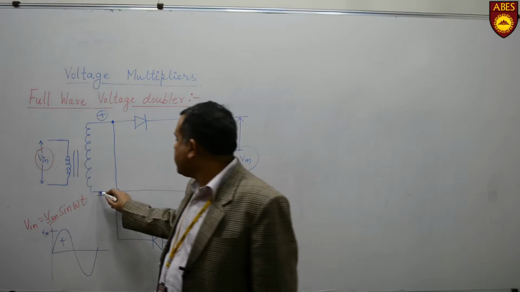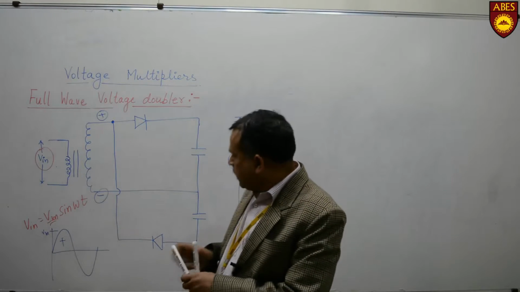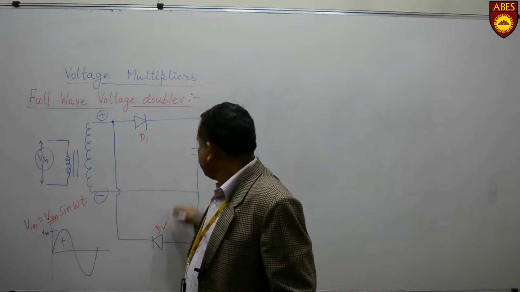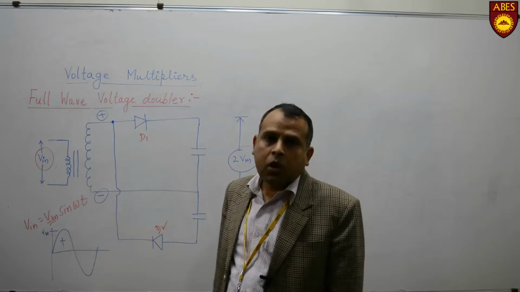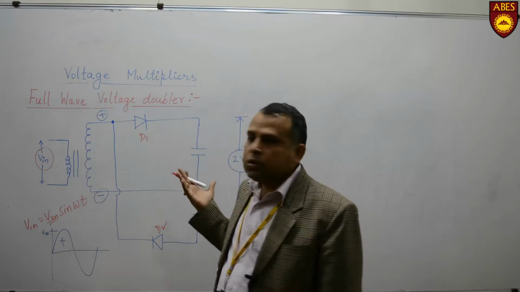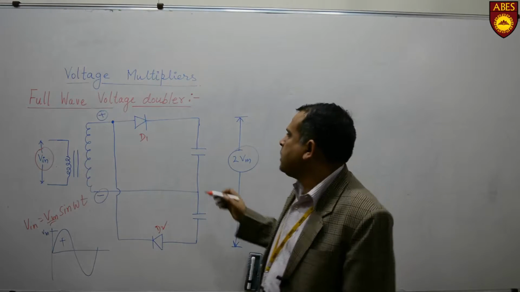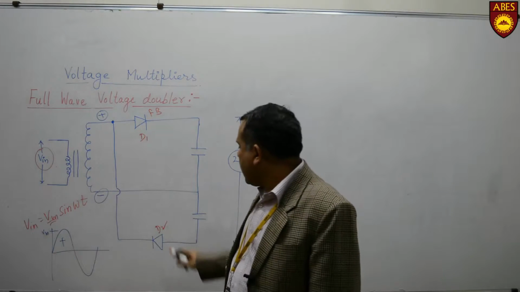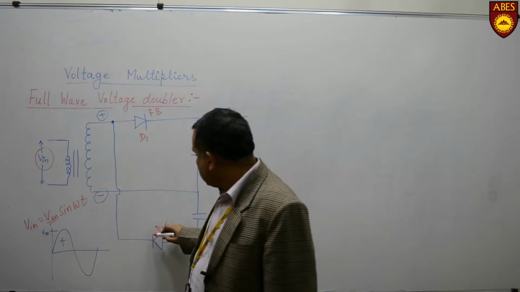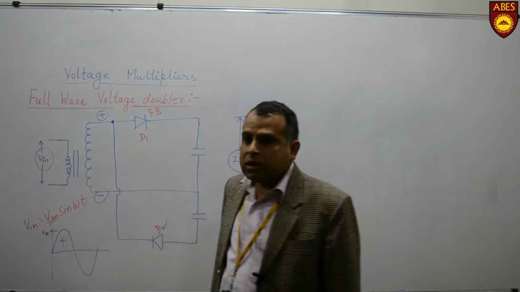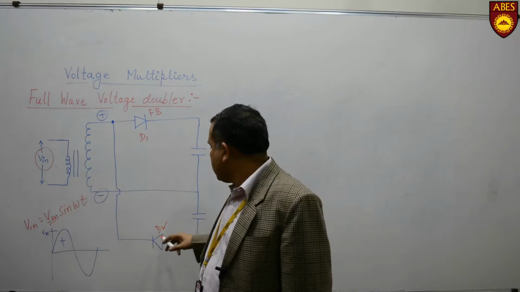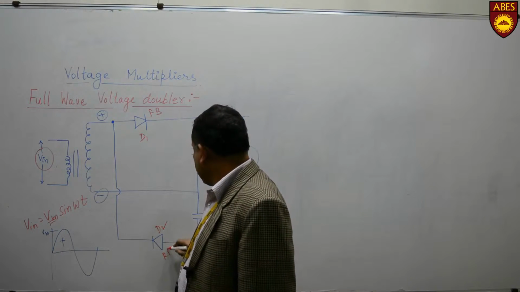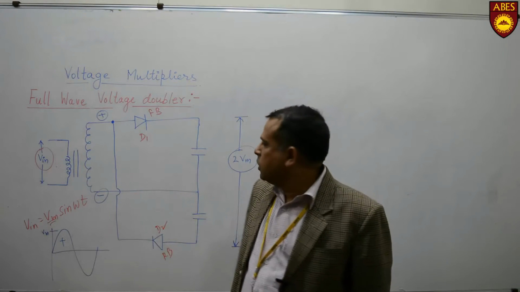In this condition, diode D1 becomes forward biased and so short circuited, and diode D2, as the N region is connected to the positive terminal here, will be reverse biased, so it will behave as an open circuit.